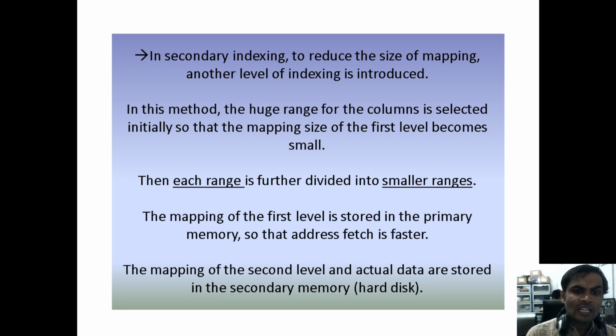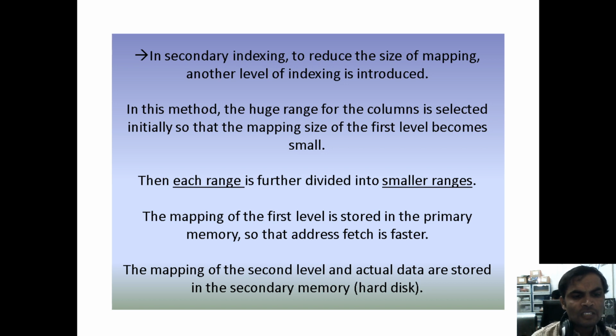If you take n number of mappings under the primary and secondary indices, searching for the data takes a large time, and we cannot access the data very fast. Then the range is further divided into smaller ranges. Each range of each index is divided into smaller ranges.